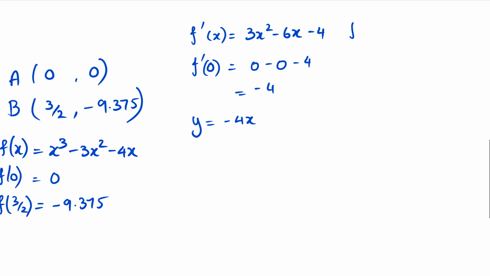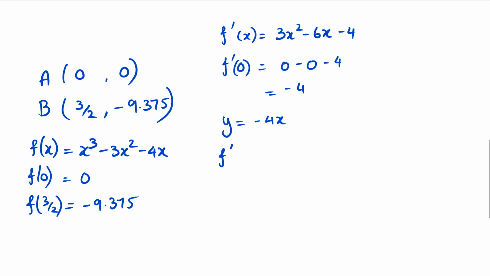Then we've got to repeat that again for 3 over 2. So f dash of 3 over 2 is going to be 3 times 3 over 2 squared minus 6 times 3 over 2 minus 4.